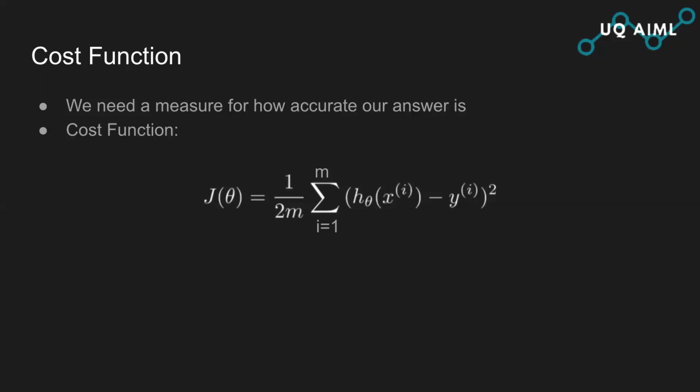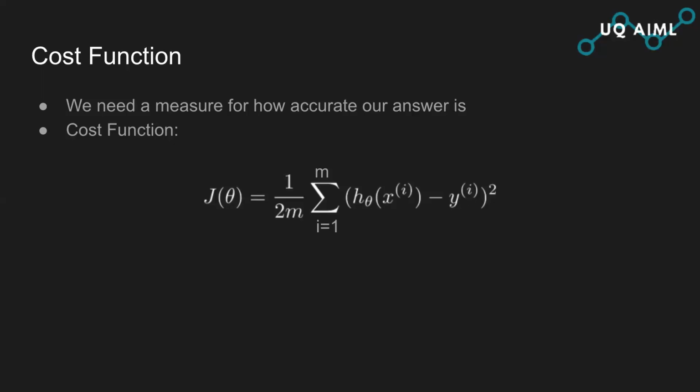A cost of 0 is the best value we can have, because it means your parameters and the line you drew fit the data points perfectly. If the cost is really high, you've messed something up: either your data set can't be fitted with a straight line, or your parameters are wrong.